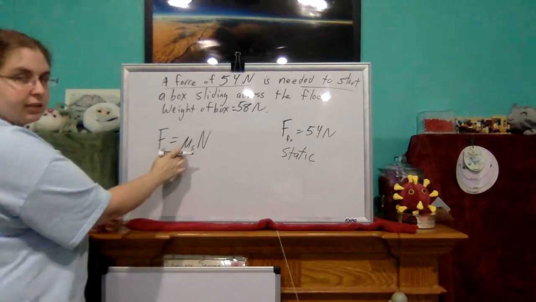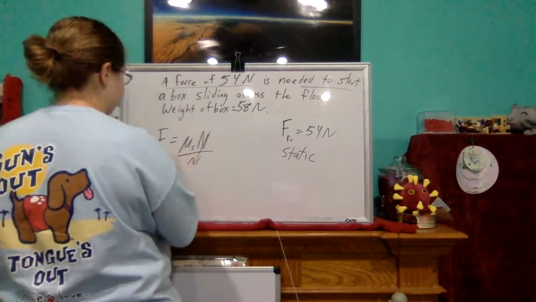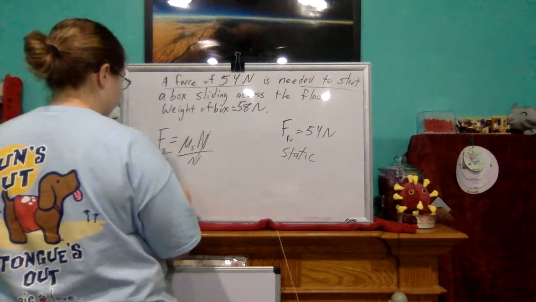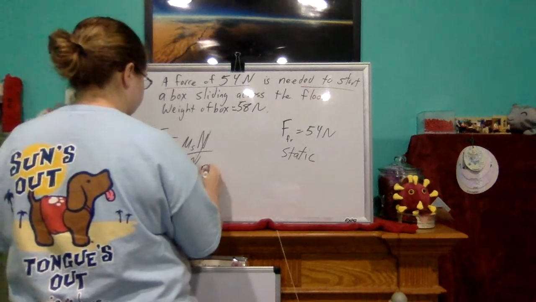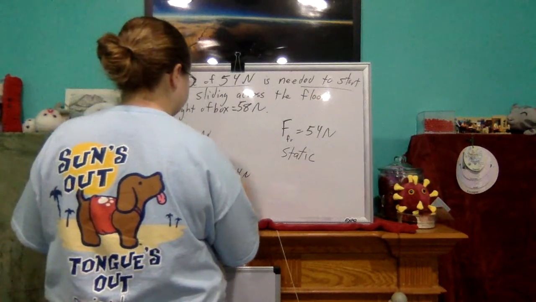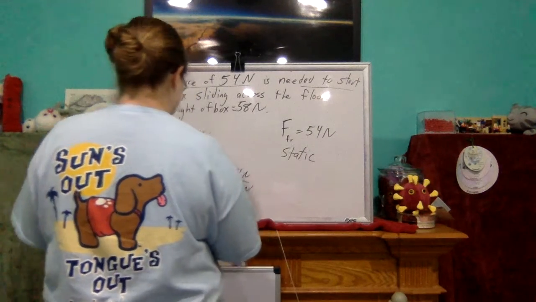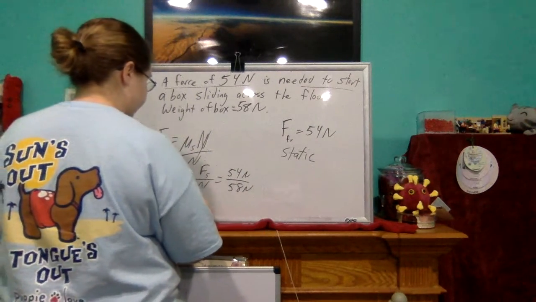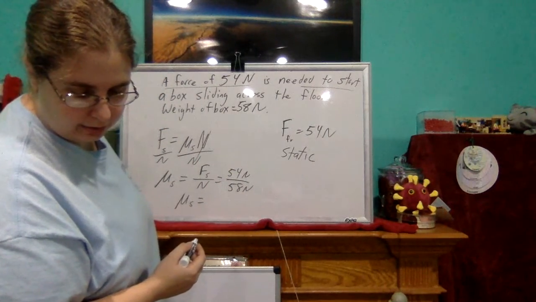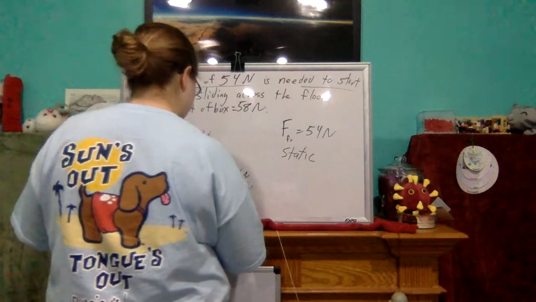We're going to rearrange this to solve for the coefficient, so divide both sides by N. And we have mu s equals Fs over N equals 54 newtons over 58 newtons. So mu s, or the coefficient of static friction, is 0.93.